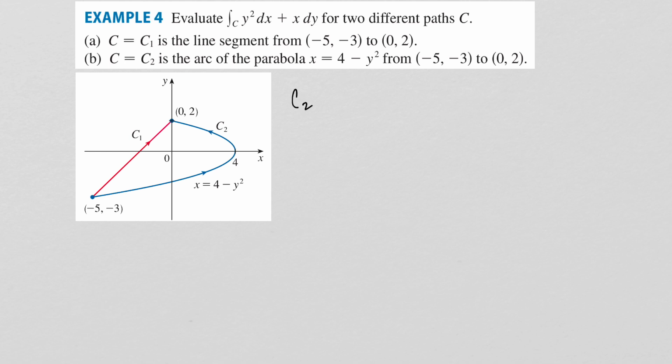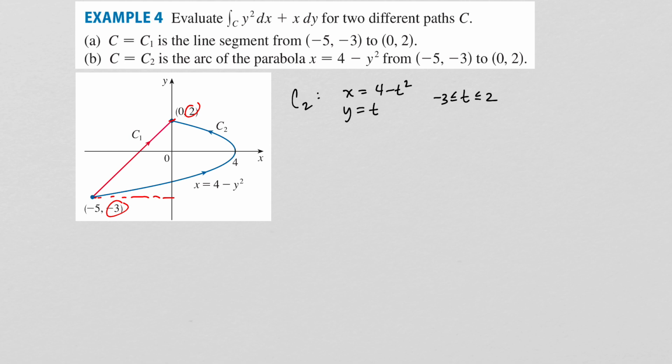For curve 2, since x is defined in terms of y, how about I just let y equal t, and then x would simply be 4 minus t squared. Since we want the y values to go from down here, y equals negative 3, to up here, y equals 2, we'll just make t vary from negative 3 to 2.